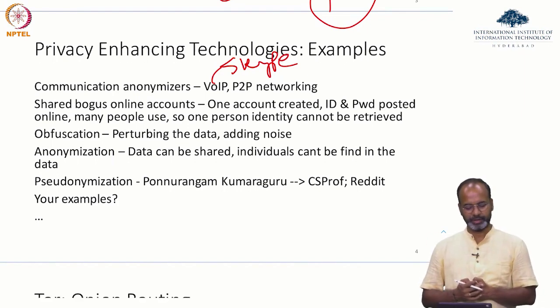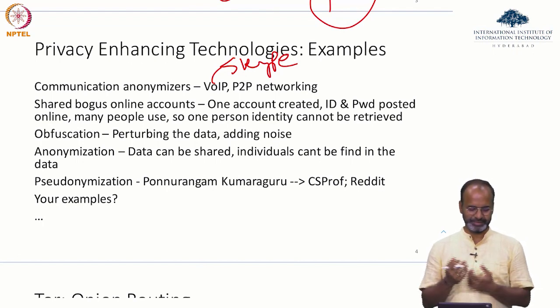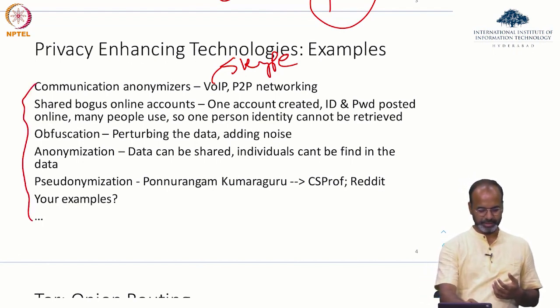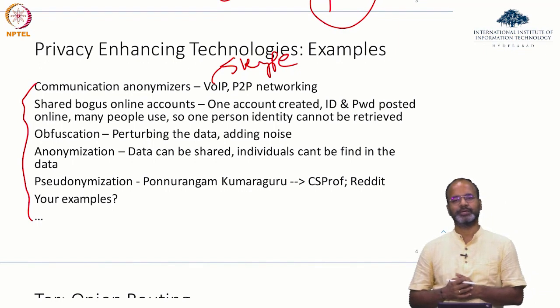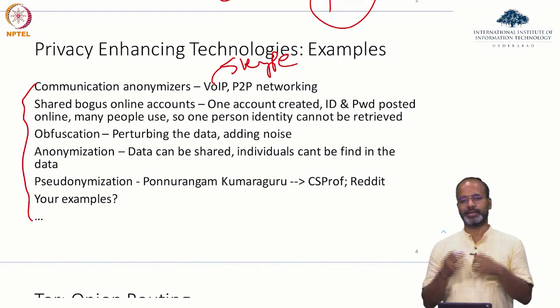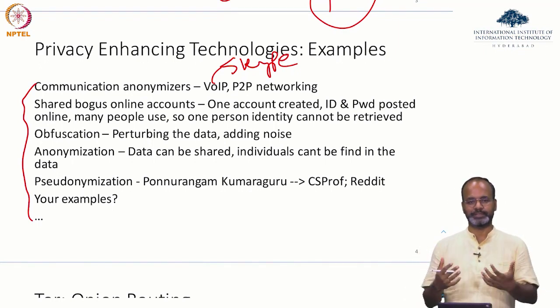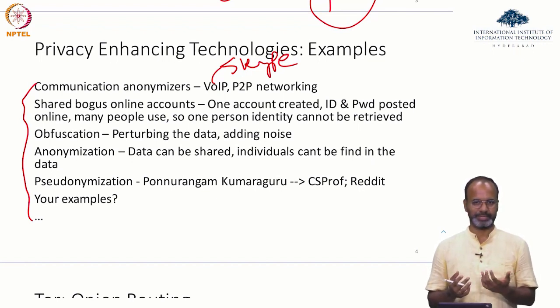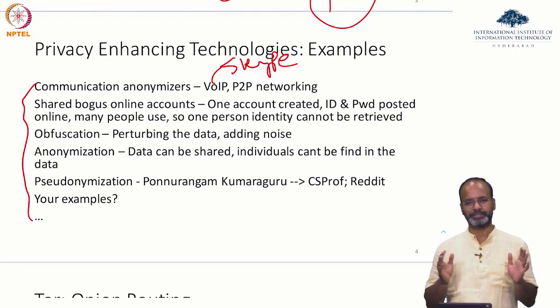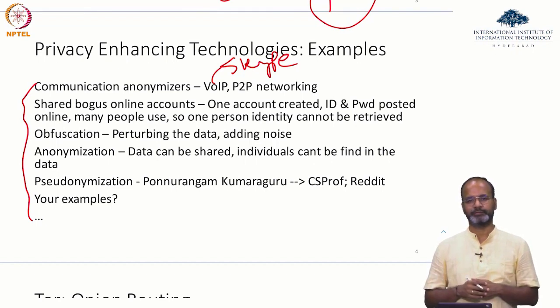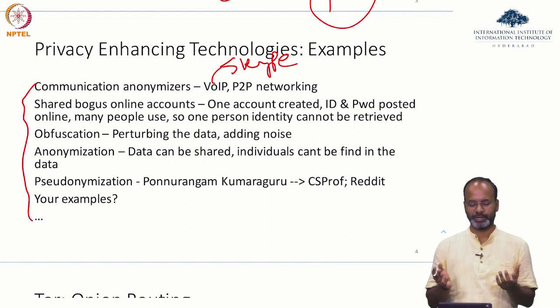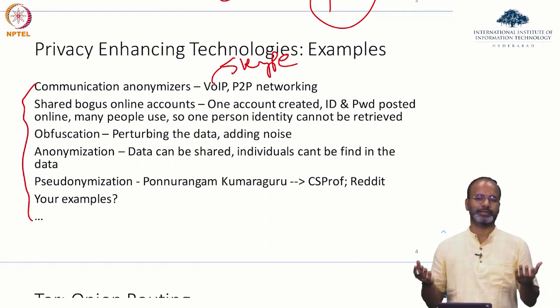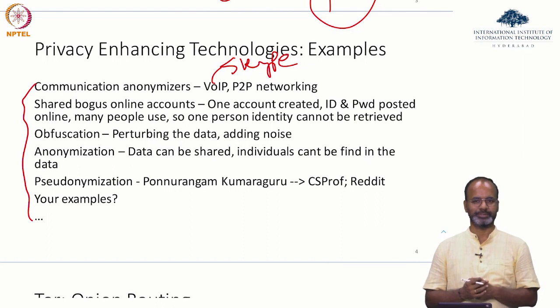So, shared bogus online accounts. The list here is just some methods by which you can do anonymization. You can provide more privacy to the users. So here is one method that people also tend to use, which is to create one email address, publish the username and password for everybody to use, and therefore in the process nobody will get to know who's actually using this email address and how it is being used.